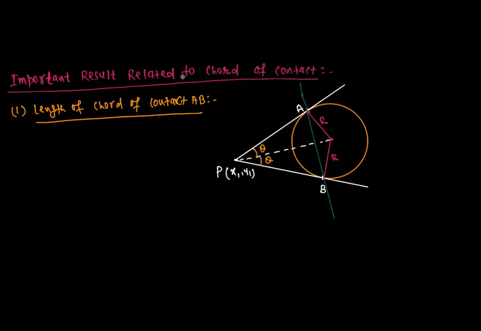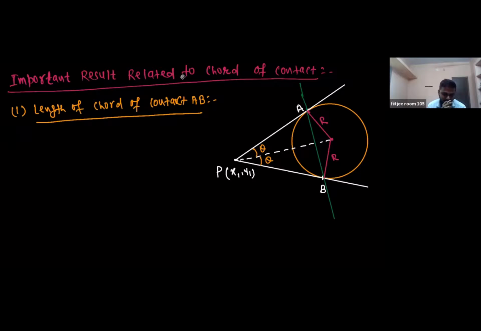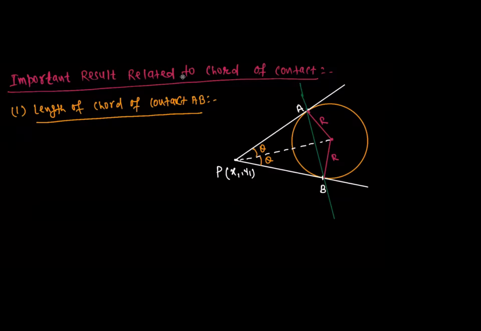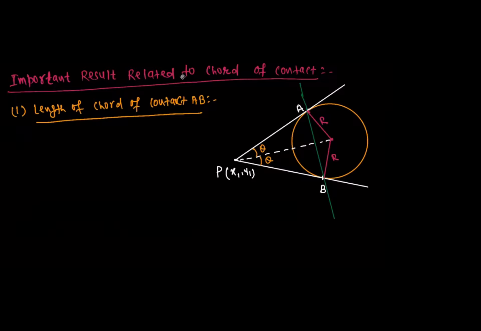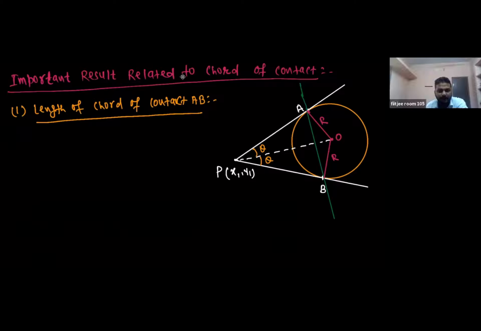Sir, radius is given. Then we can find AP. Then the intersection between, let's say, OP and AB we can find, sir. Then Pythagoras theorem and find.